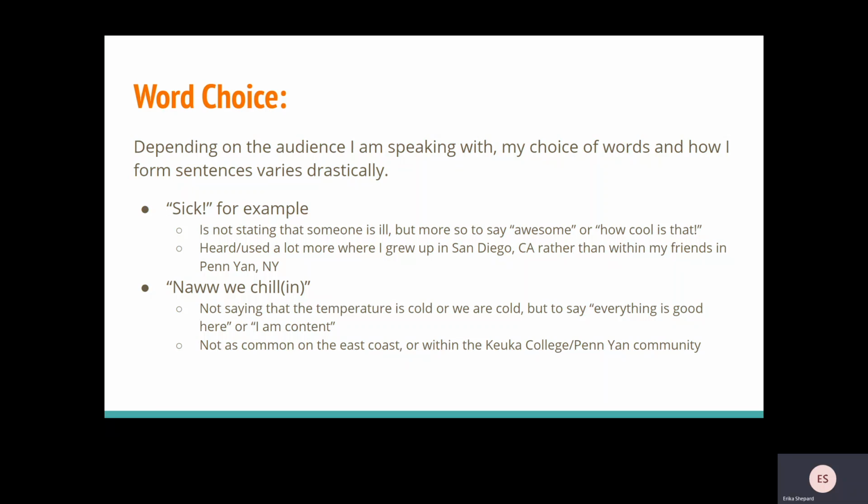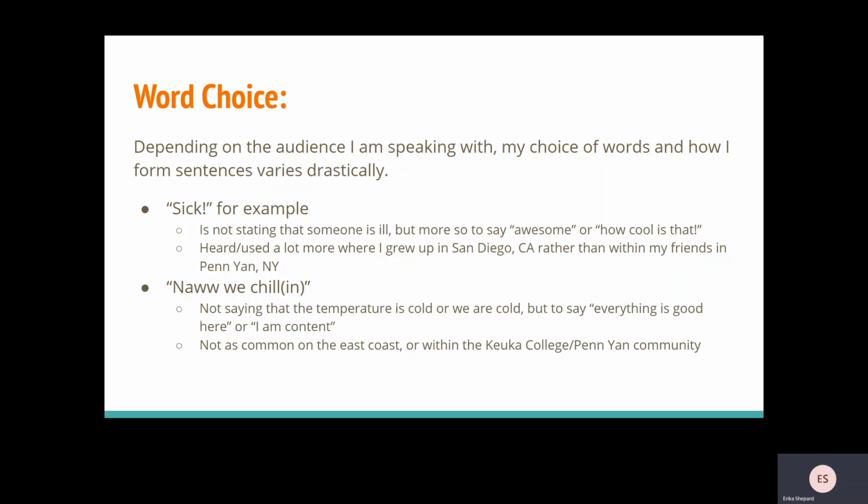Like I said, it's not as common on the East Coast, but it's used in daily conversation with my friends here in California, which is quite interesting because my friends in New York reacted to that with, what the heck?